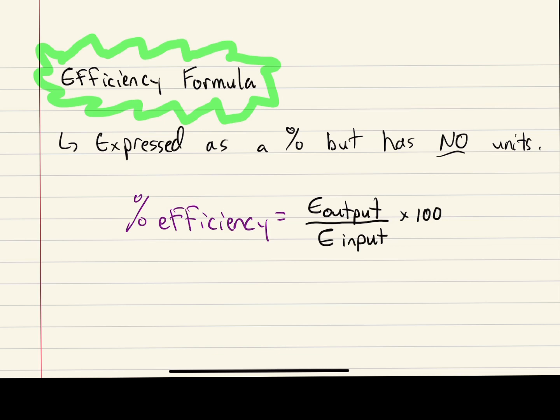Now, because energy is always lost to heat, so I'm going to circle this here, the energy output is always less, so smaller than the energy input, and that's because energy, specifically potential, but in general, energy is lost to heat.